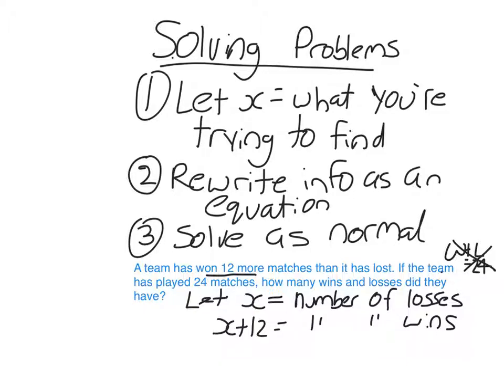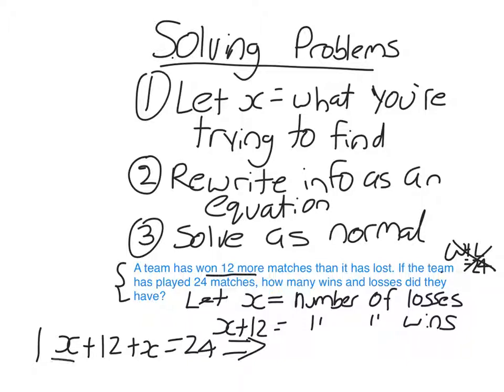So now I've defined my two quantities, I can write my equation. Number of wins plus number of losses equals 24. So wins plus losses equals 24. I've rewritten this information into an equation. So of course, as I said previously, if X is in more than one spot, you need to get it to one spot. So X plus X is 2X. So 2X plus 12 equals 24.